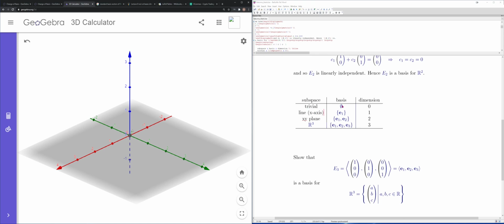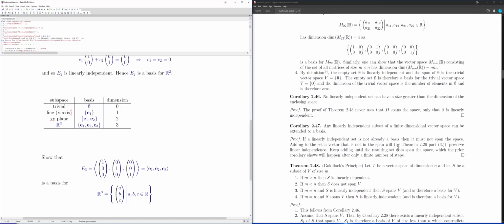To be precise, the basis for your trivial subspace is the empty set, and the dimension is the number of elements in that basis, which in this case is 0. That is how we're going to define the dimension of and the basis for your trivial vector space.